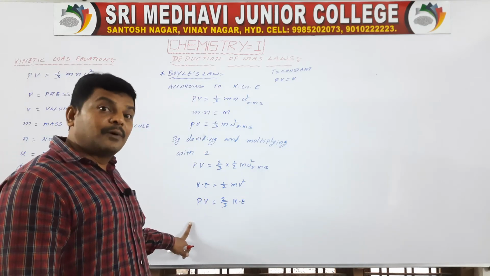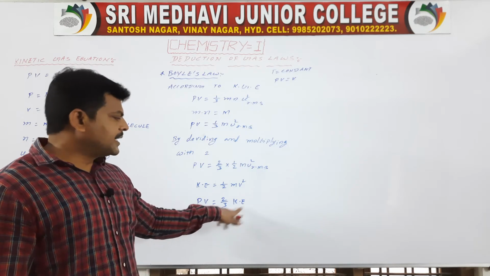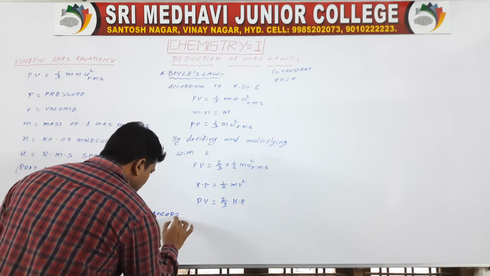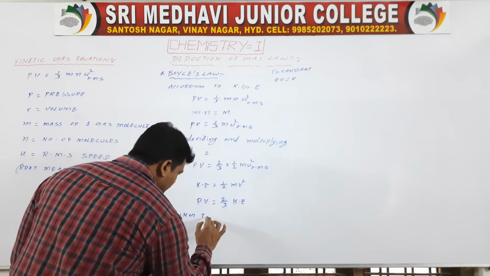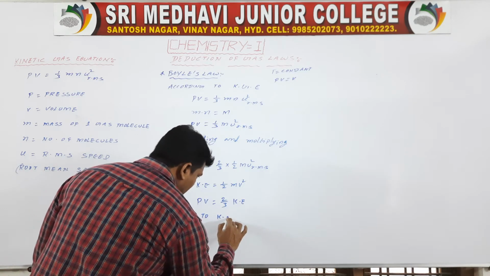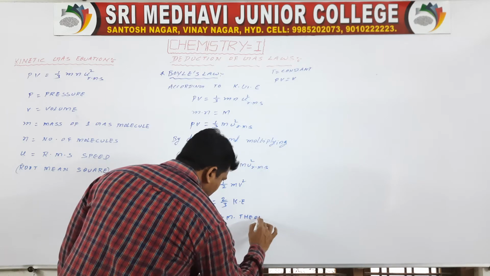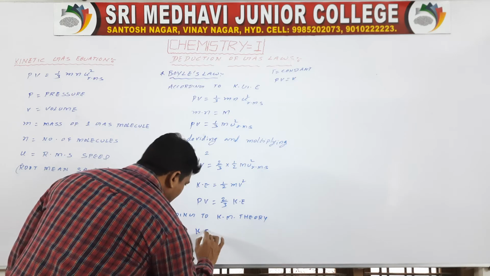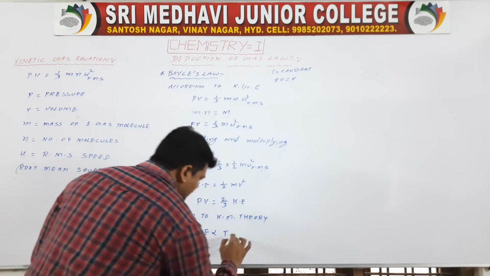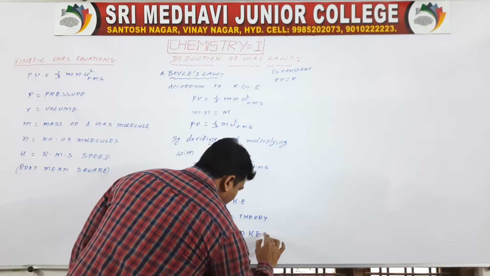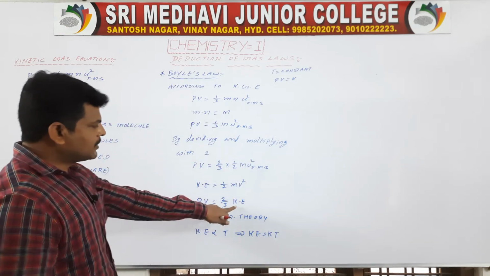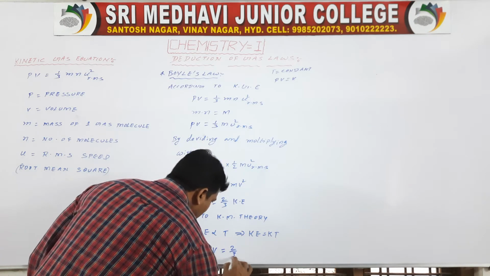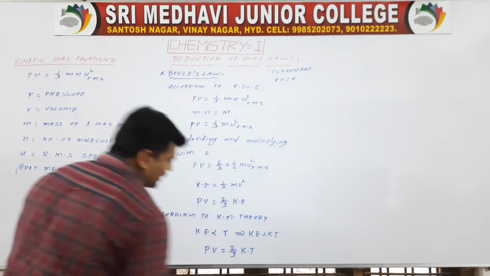According to the kinetic molecular theory of gases, KE is directly proportional to temperature. So this implies KE equal to KT. In the place of KE I am going to write KT. Then PV equal to 2 by 3 KT.